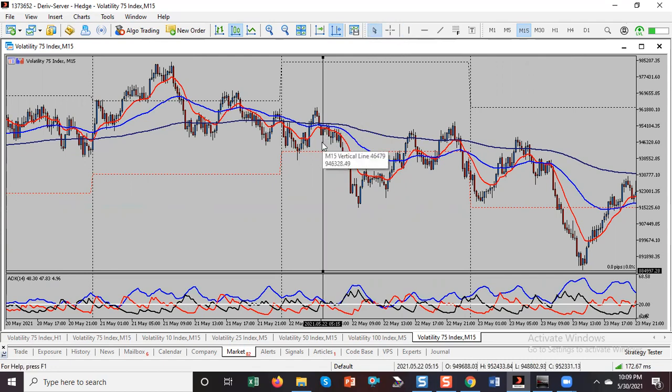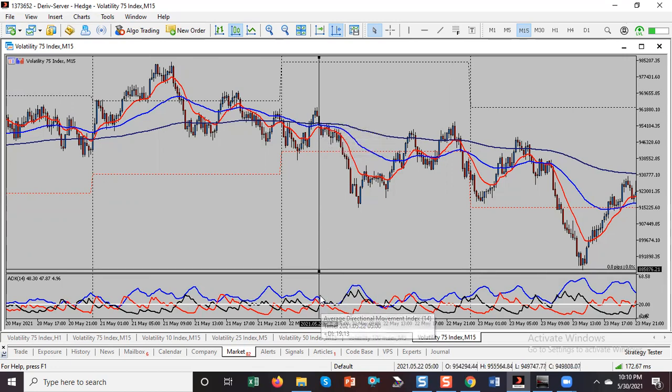So what are we looking for? We're looking for the ADX crossover. This is where the ADX had a crossover. This candle. So as this candle finished and a new candle started, that was when we had a cross. And the blue line was still above the 20 level.